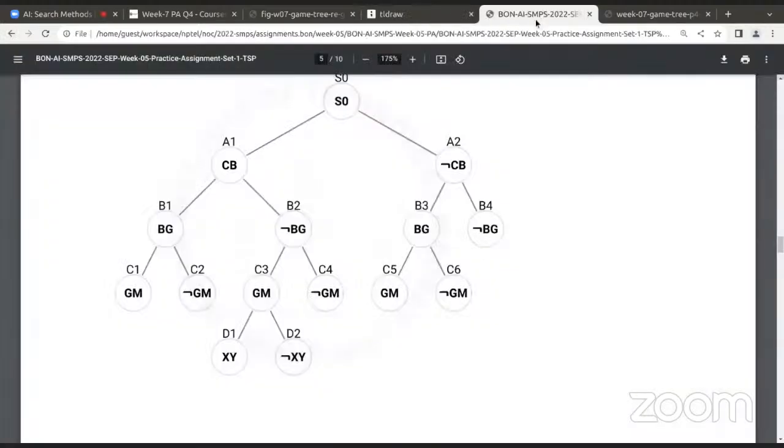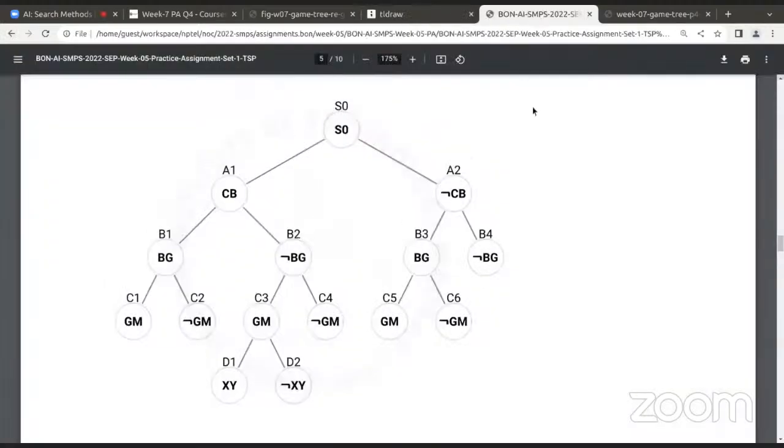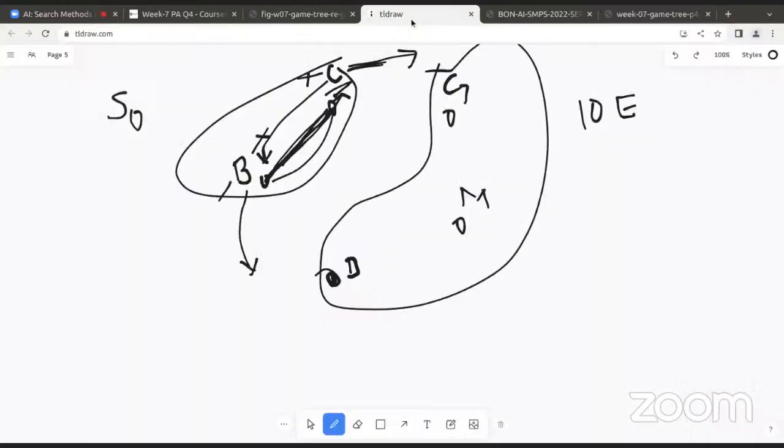You got it? Now when I don't have CB, give me the lower bound. So now the other case we have. I wish I had a pen to write. So here I'm saying don't include this.